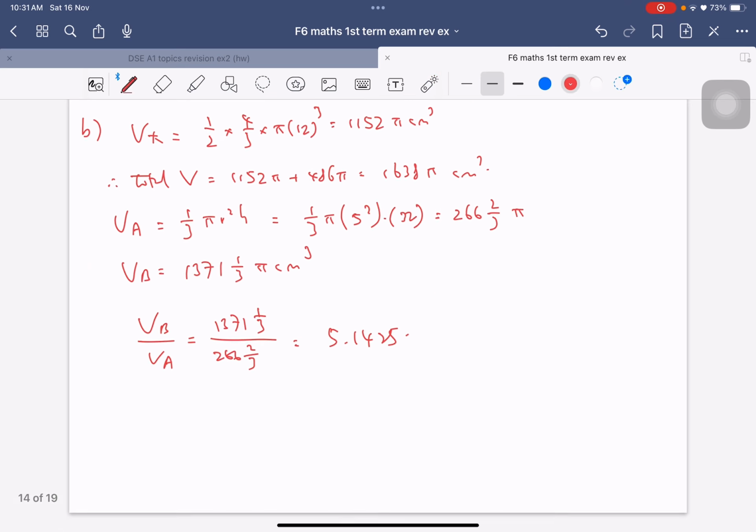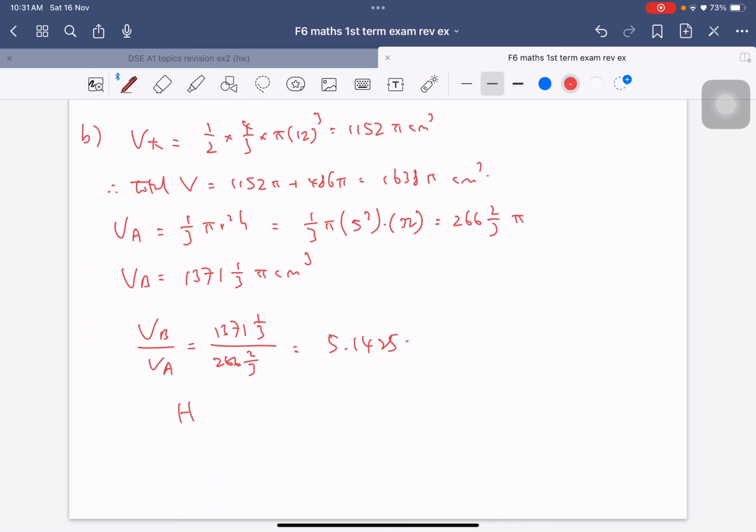So HB divided by HA is equal to 34 divided by 32, giving you 1.0625. If you take the cube of the height ratio, it is going to be the ratio of the volume if they were similar. So let's take the cube. It's equal to 1.199, which is not equal to the volume ratio.